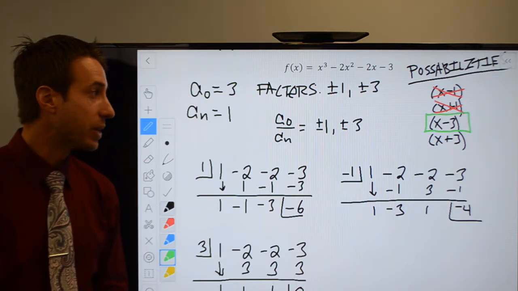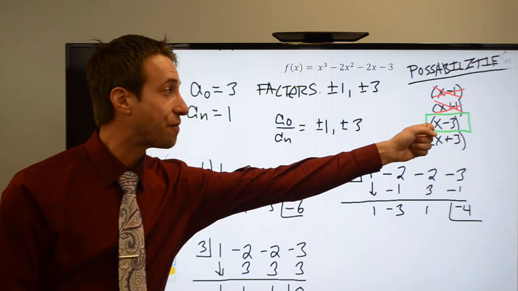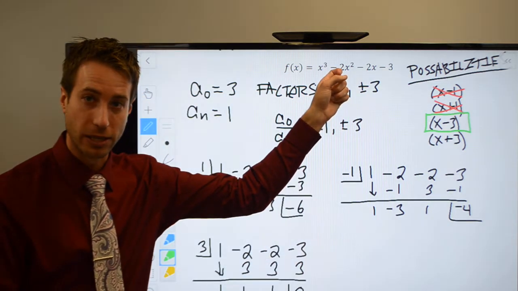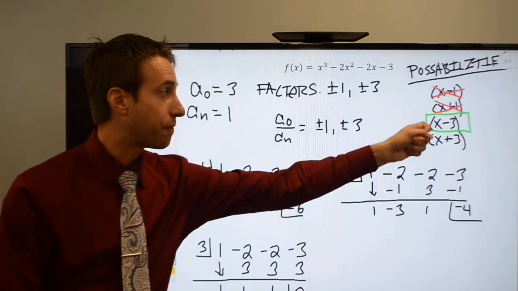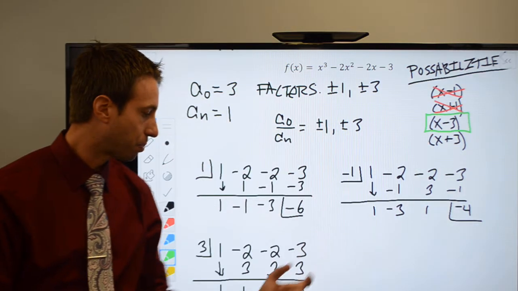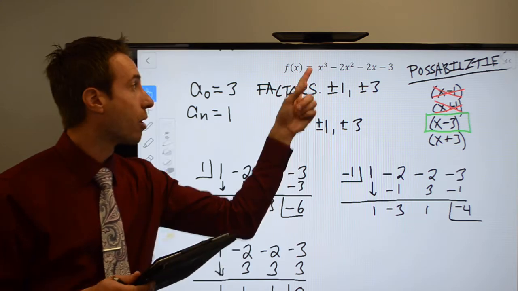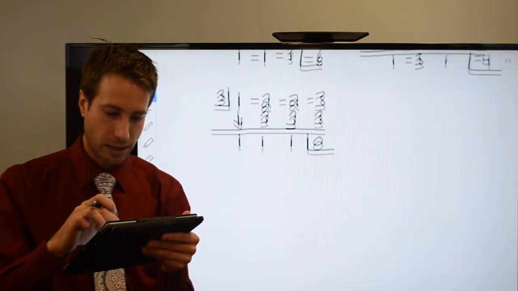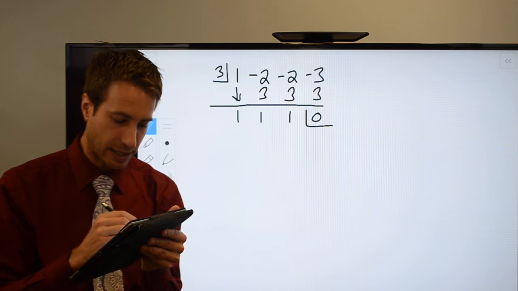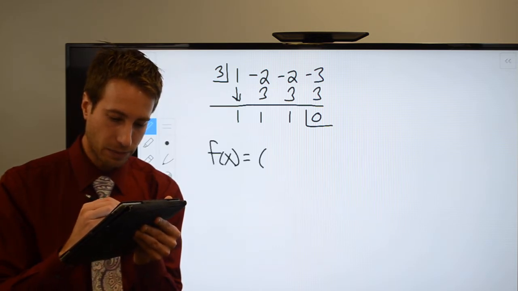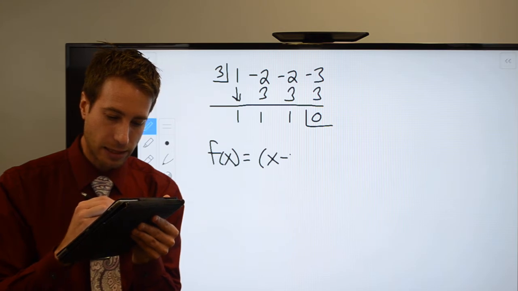Now remember what we can do with that. Now that I have found the factor, I can rewrite my polynomial as the factor multiplied by the reduced polynomial. So here we go. My polynomial is f of x. So I am going to rewrite this guy as f of x is equal to x minus 3, right?